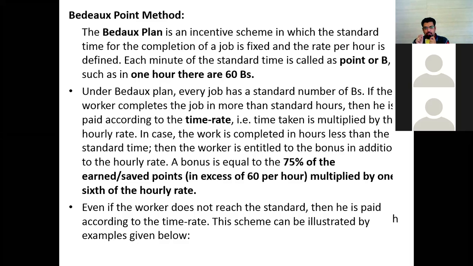The standard time for the completion of the job is fixed, and the rate per hour is defined. How much amount they will give per hour is already mentioned beforehand. For example, for a guest lecture, they will get approximately 500 rupees per hour.